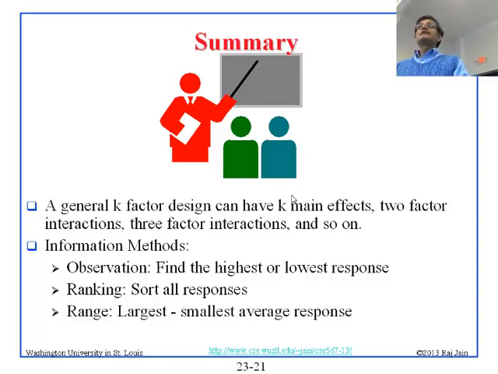So while there is so much complexity, at the end you might find out that really the main effects and the first order interactions might be okay. And if you really want to find out only what is the best, what is the worst, then you do the observation method, the ranking method, or the range method.